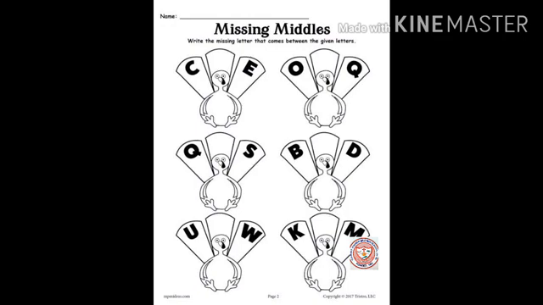D. Then O dash Q. In the middle P. Then next is Q dash S. So middle will be R. B dash D. So middle will be C. U dash W. So the middle will be V. K dash M. So the middle will be L. These are really very interesting games which I played with you. You also try to play this kind of game at your home.